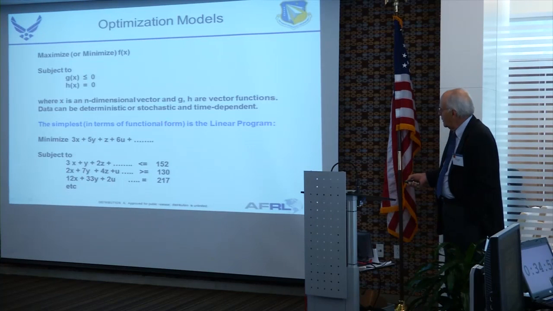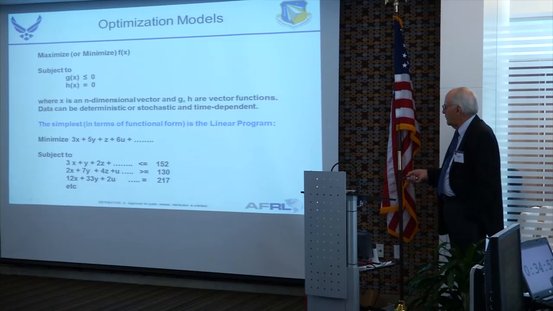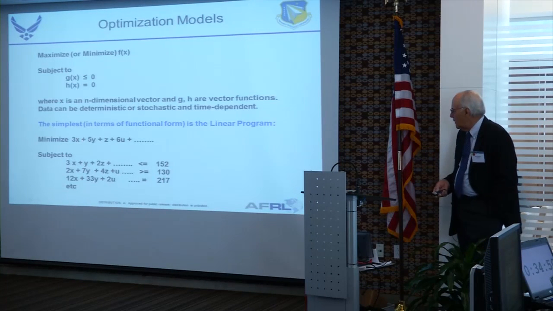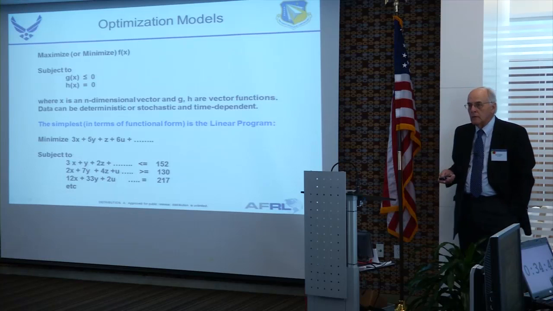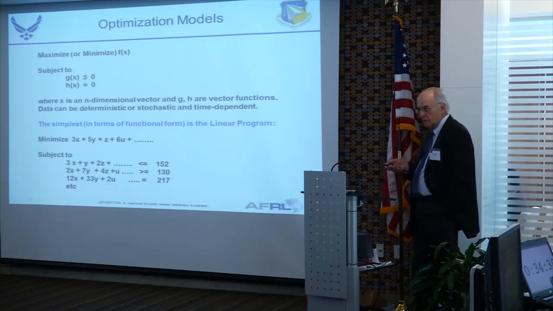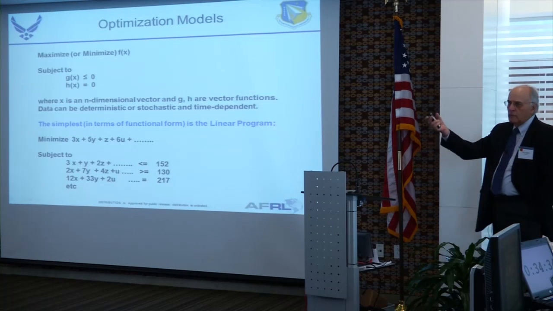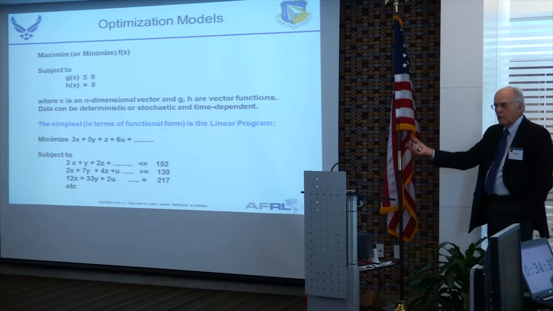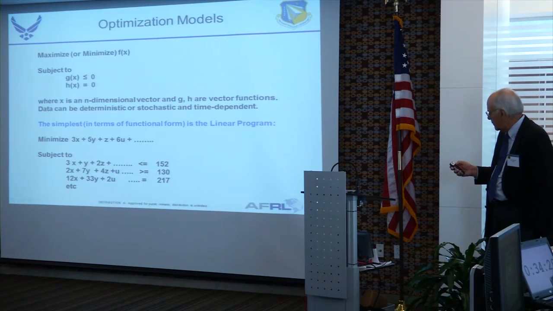If you ever had an introductory OR course or something similar, you probably saw linear programming as the simplest in terms of functional form, and nowadays considered to be a well-solved problem, both theoretically and computationally. It's been estimated that about 25% of all scientific computing time now goes into linear programming, whether it's solving some supply chain problem or whether it's buried down in the middle of a complex optimal control code doing something else.